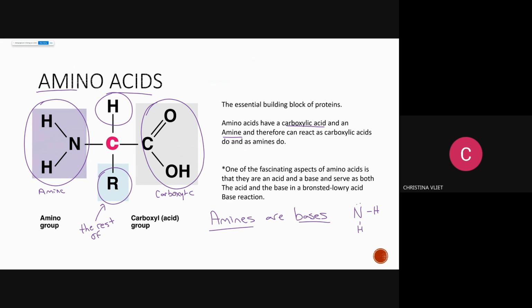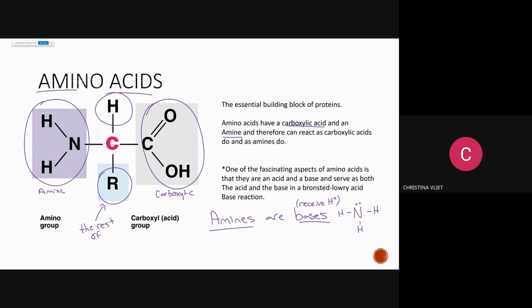It has to be able to receive what? It can receive H+, because that pair of electrons can always receive H+. So bases can receive H+. We want to write that at the top. They can always receive H+.